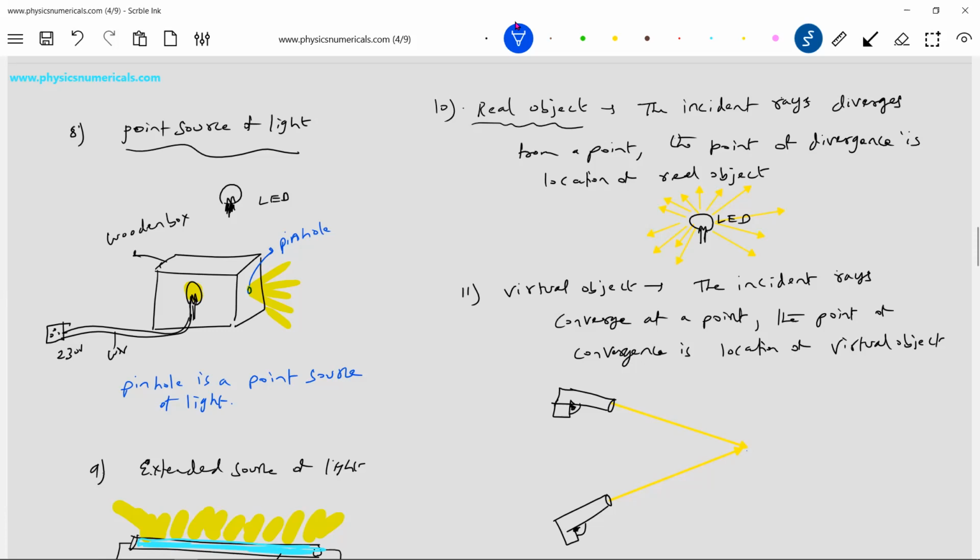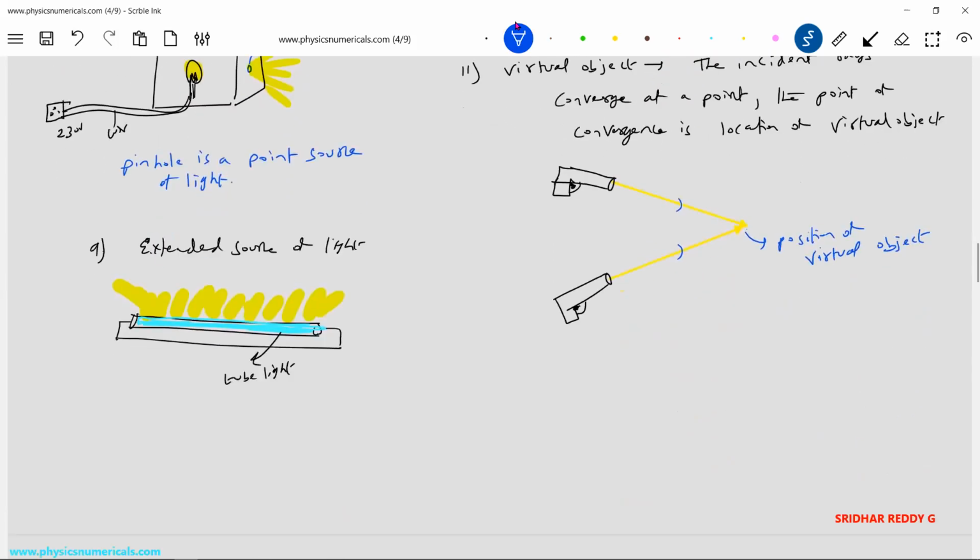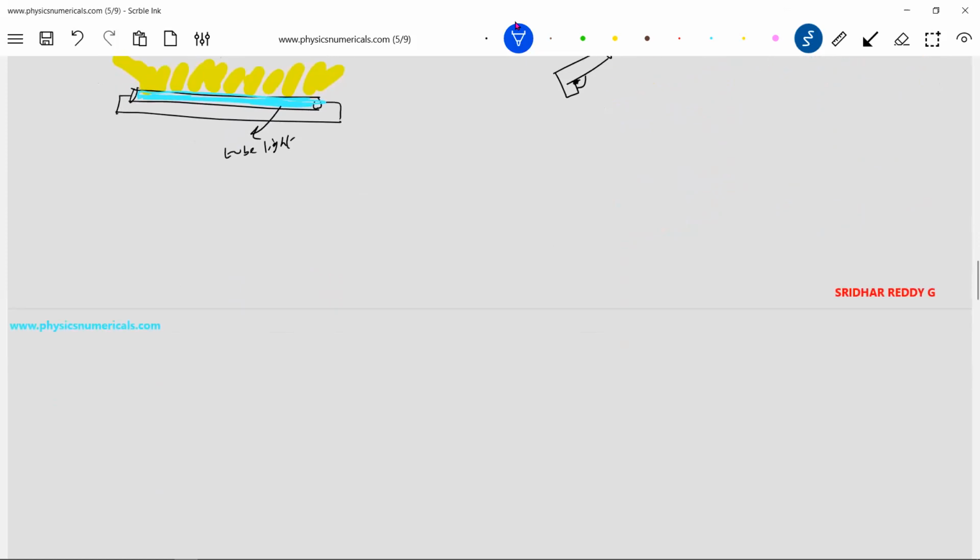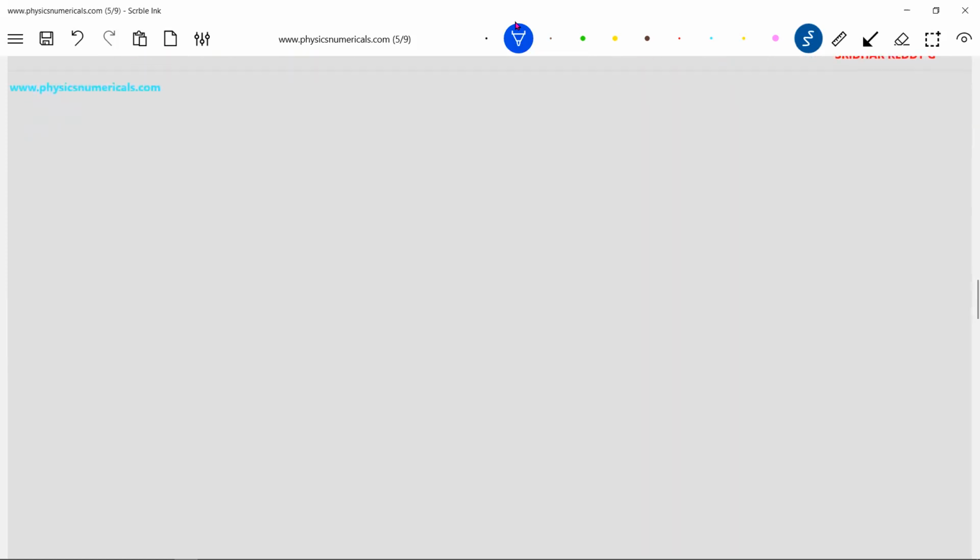Look at this. These are the incident rays, they are converging at the point. So this becomes a virtual object here. Okay, after this, we'll go for the real image.